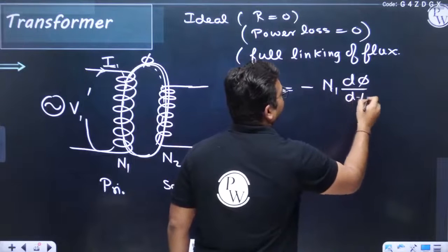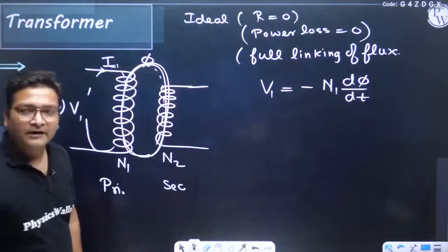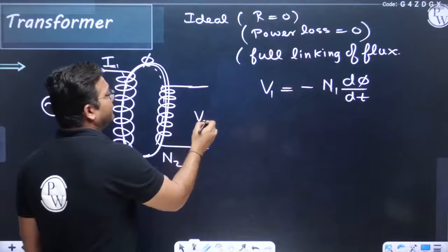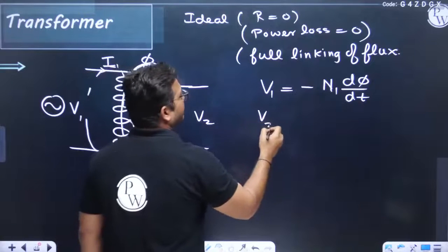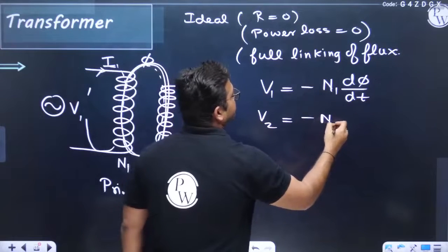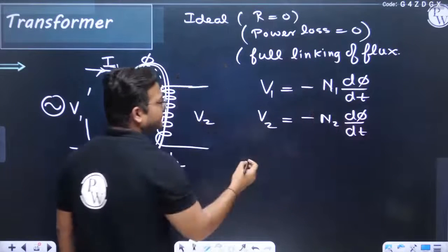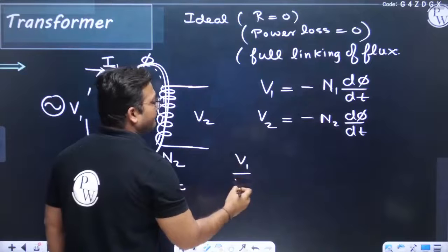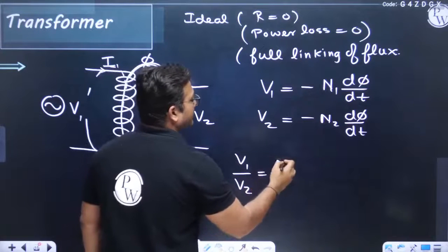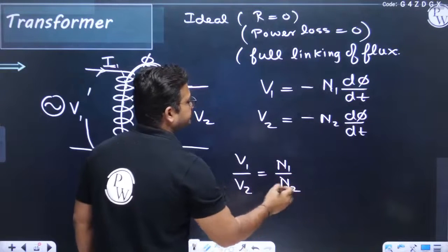This is according to Faraday's law. And we also have an EMF induced in the secondary coil, V2, equal to minus N2 d phi by dt. If you divide these two, you get V1 by V2 as N1 by N2.